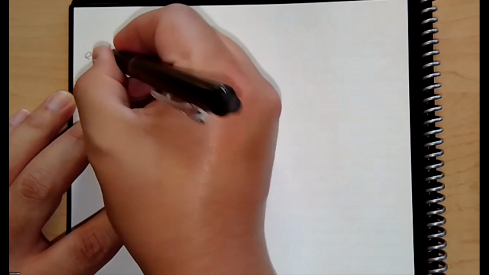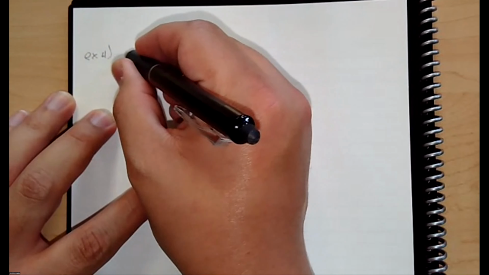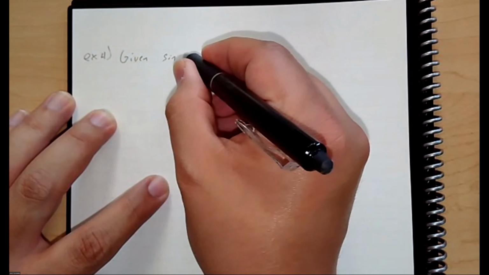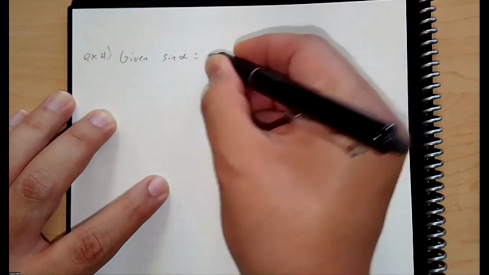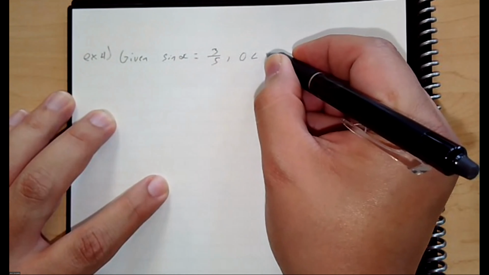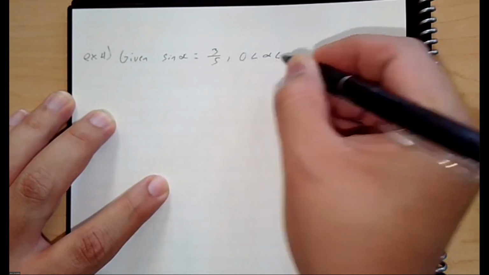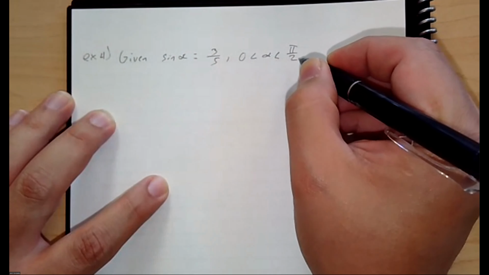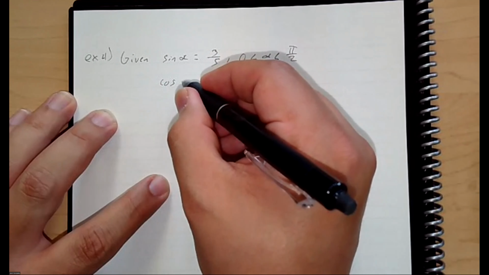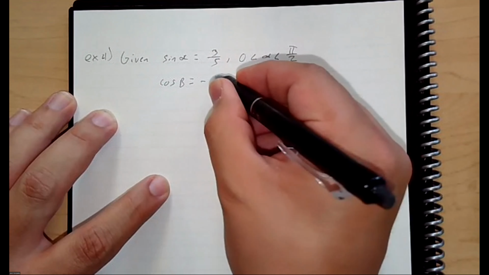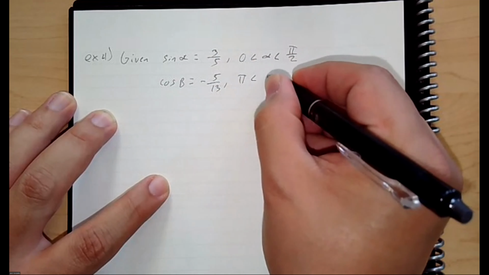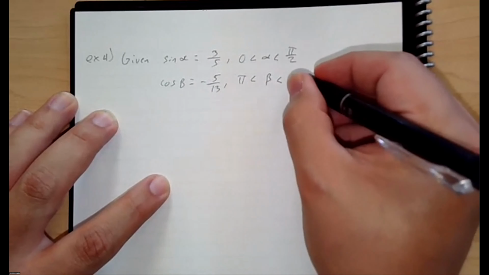Example 4. Given sine alpha equal to 3/5, and alpha is between 0 and pi over 2, and cosine of beta is equal to negative 5/13, where beta is between pi and 3 pi over 2.